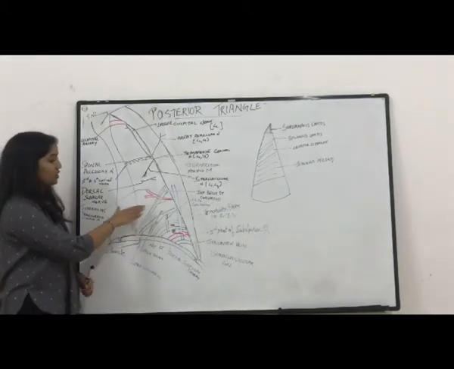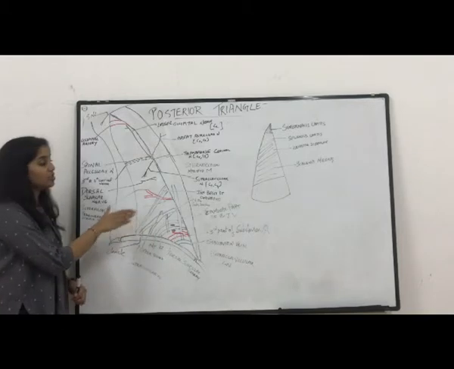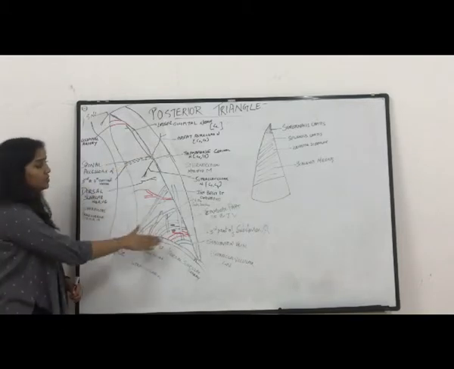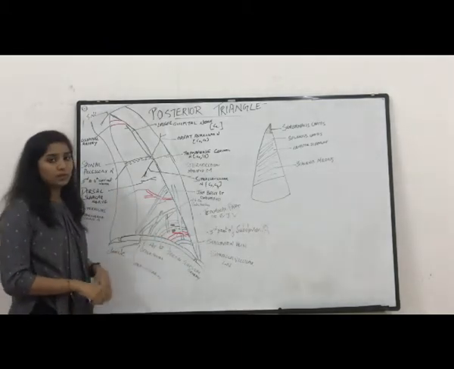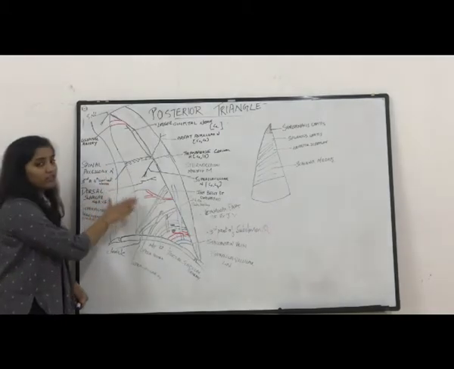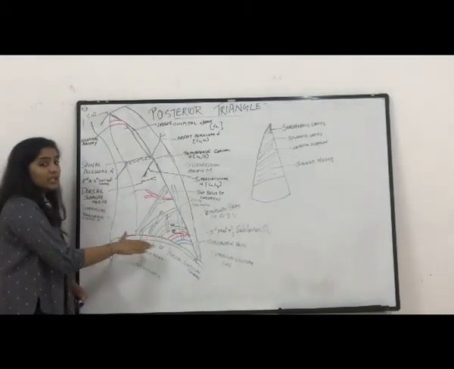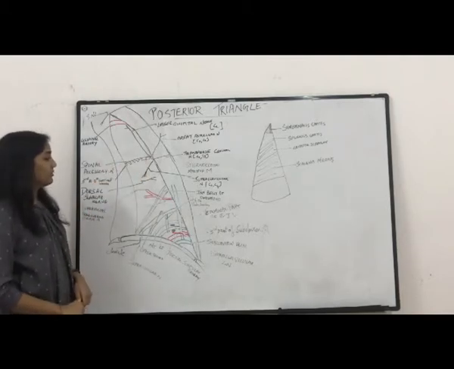All these important structures except the spinal accessory nerve are present deep to the fascial carpet of the posterior triangle. The fascial carpet which we have studied is formed by the prevertebral layer of the deep cervical fascia. So all these important structures are present deep to the fascial carpet except the spinal accessory nerve.